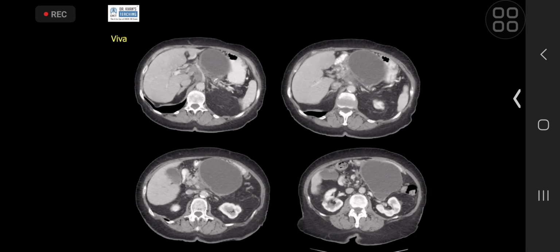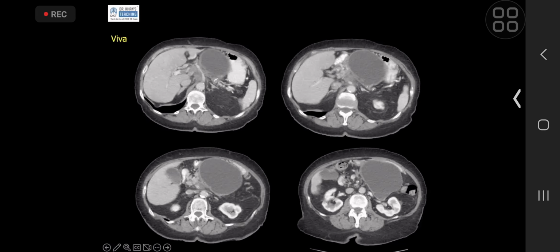Now, look at this. This is a beautiful discrepancy case where we just reported it as a cyst replacing the pancreas, and said this might be a pseudocyst. Is there a history of pancreatitis? This was the report, without realizing that there are stigmata of other things here.